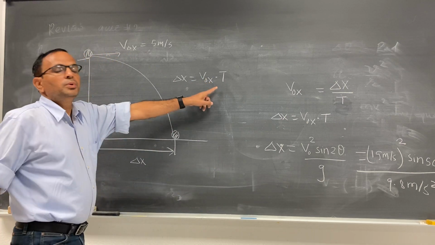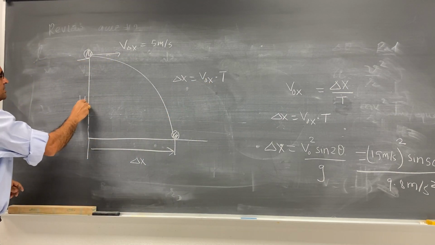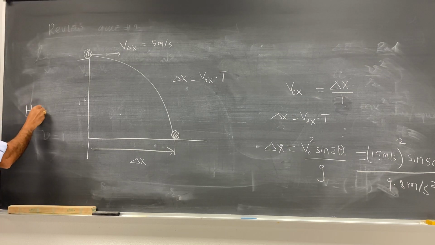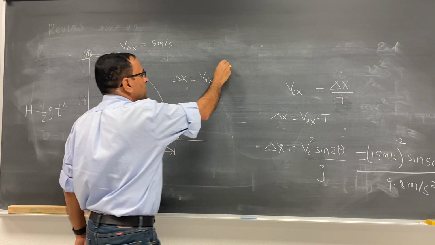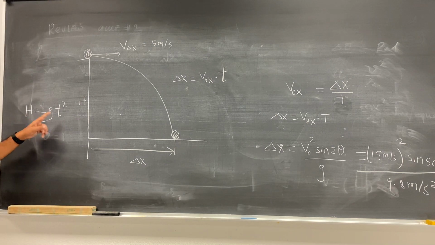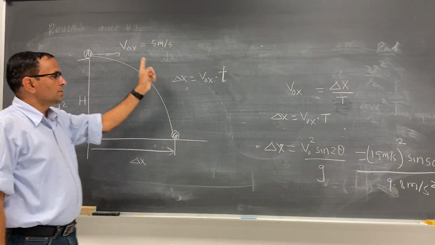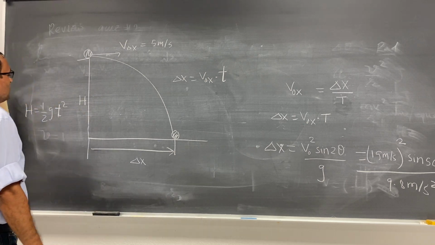You have to figure out the time. If the height is given, use h equal to 1/2 g t square. You can use lowercase t or uppercase T, that is not a different thing. Using this formula, calculate the t, v0x is given, plug it in here, and you can get the delta x. So that is another possible question.